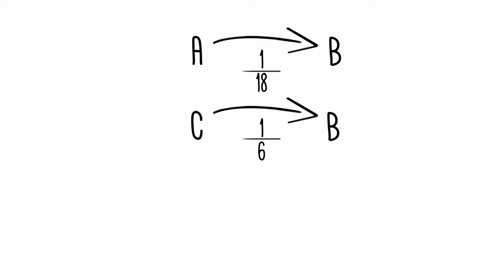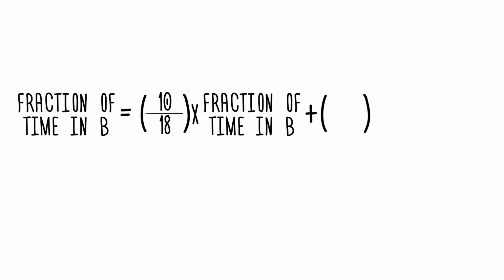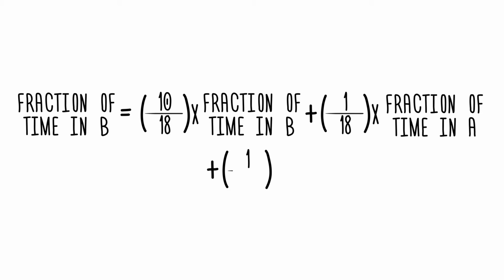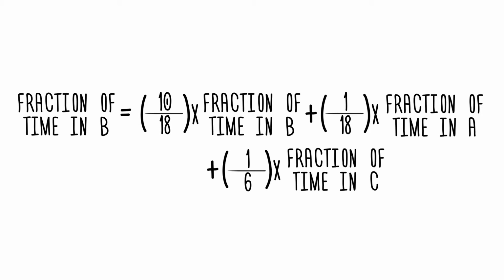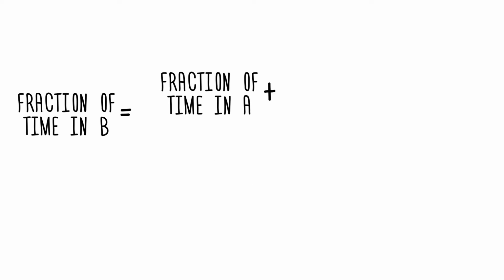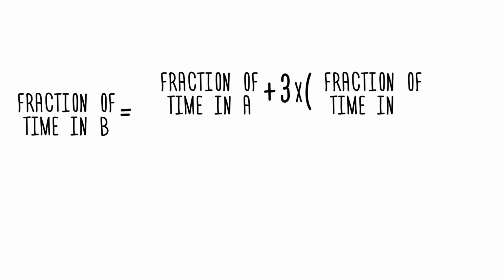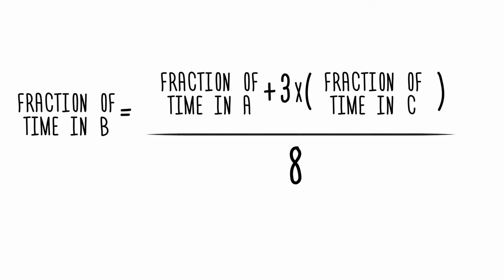In the long run, the fraction of time spent in B is equal to 10 over 18 times fraction of time spent in B plus 1 over 18 times fraction of time spent in A plus 1 over 6 times fraction of time spent in C. That is, rearranging this term, we obtain fraction of time spent in B equals fraction of time spent in A plus 3 times fraction of time spent in C, all divided by 8.